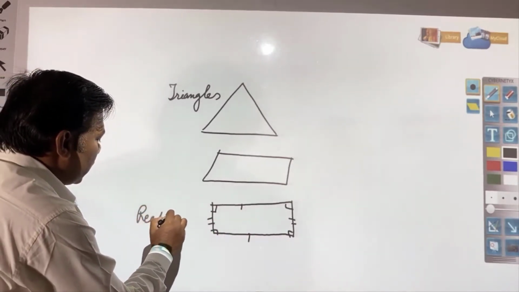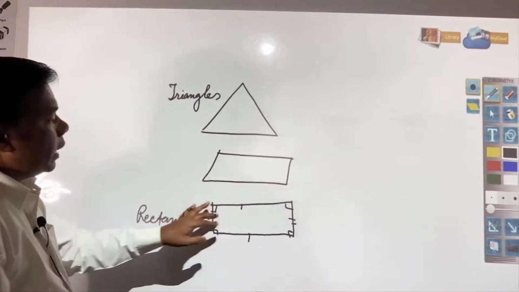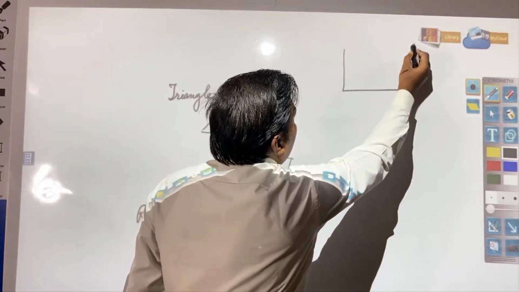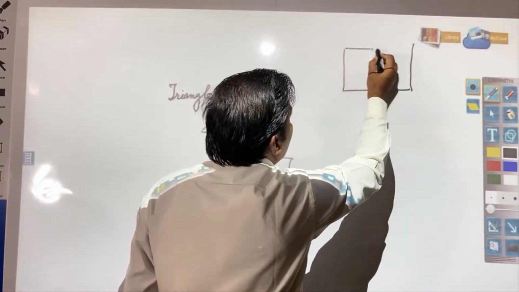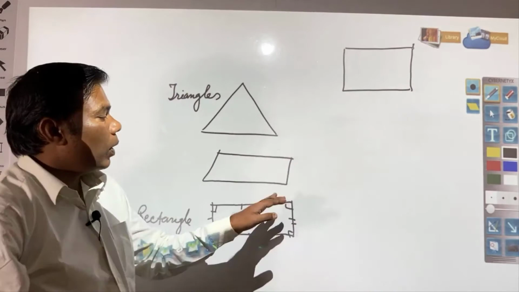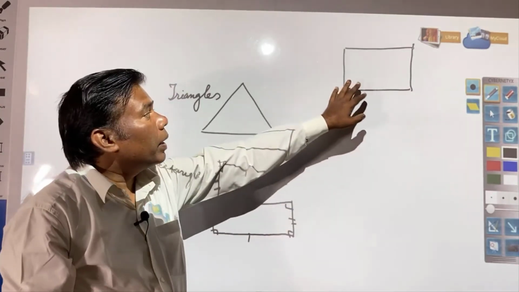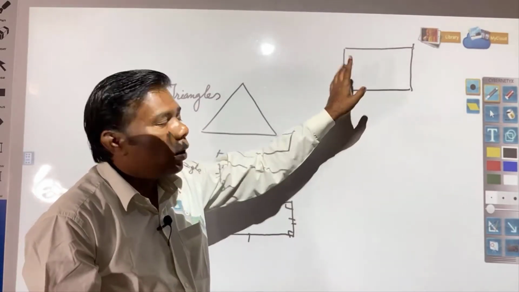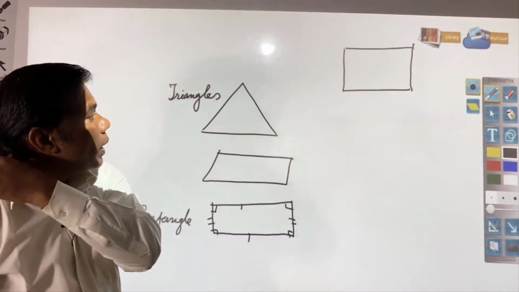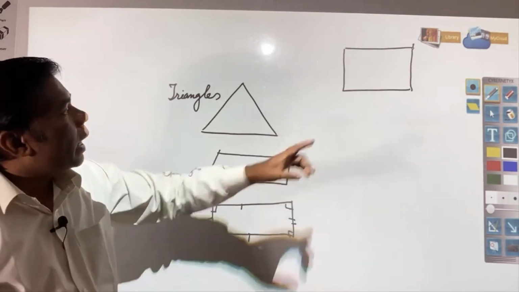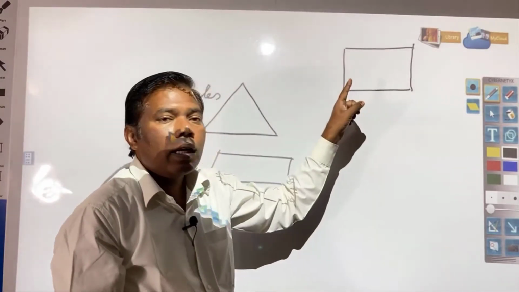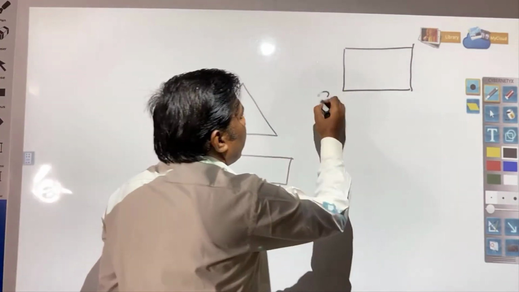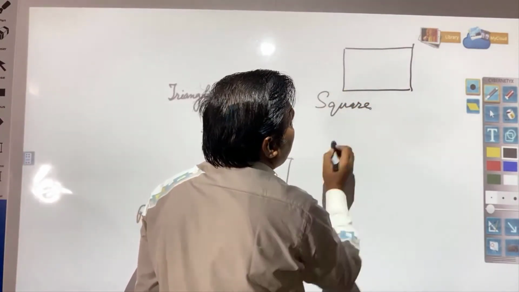Then it comes to the square. Square is also a rectangle, but it has all sides equal. Or you can say a quadrilateral having each angle of 90 degrees and all sides equal is called a square.